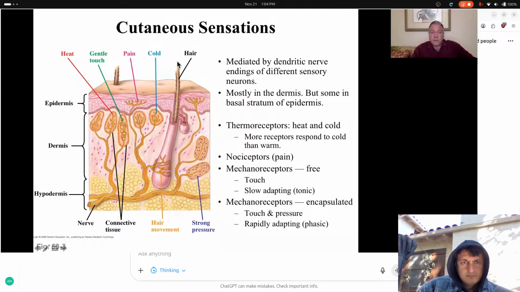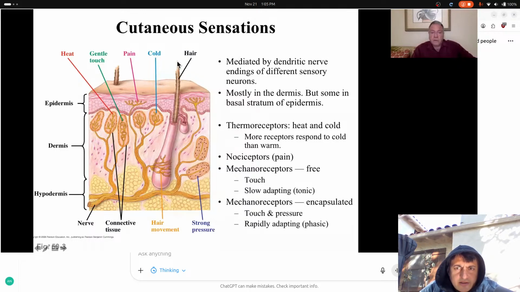And so we can see different. I'd like to draw that diagram. That's pretty amazing.